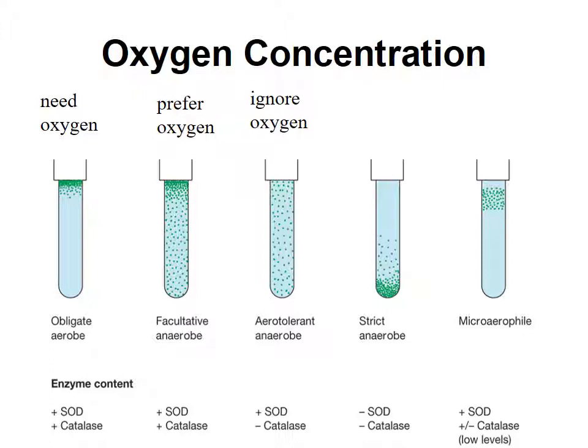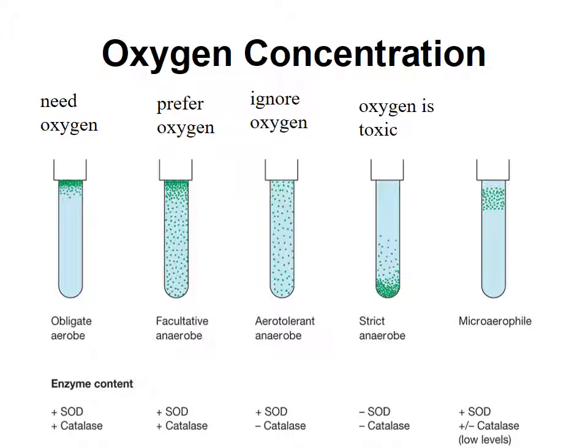In contrast, microorganisms belonging to the next group, the strict anaerobes, don't tolerate oxygen at all, and they actually die in its presence. Aerotolerant and strict anaerobes cannot generate energy through aerobic respiration, and they must employ fermentation or anaerobic respiration for this purpose.